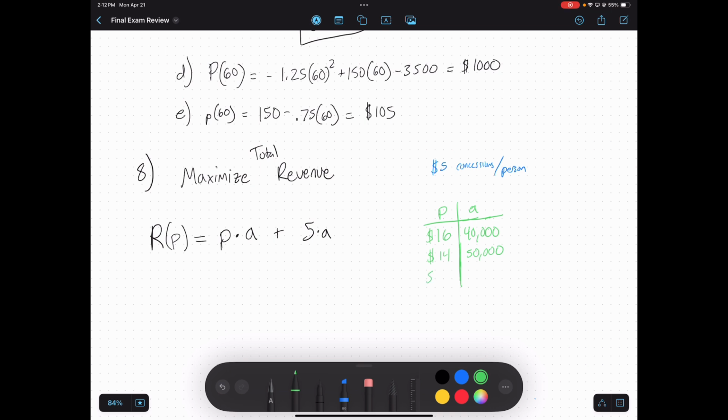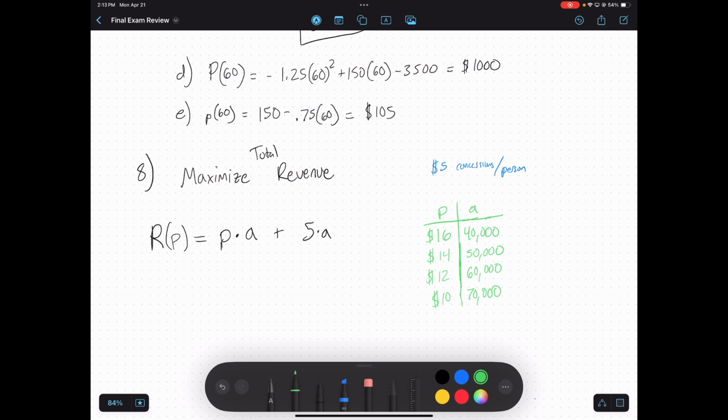That pattern, we're going to assume that pattern continues. We're not going to worry about the infinite cases.